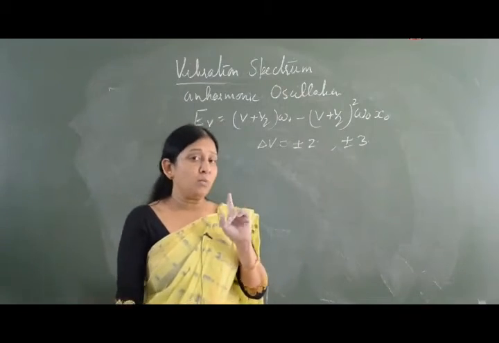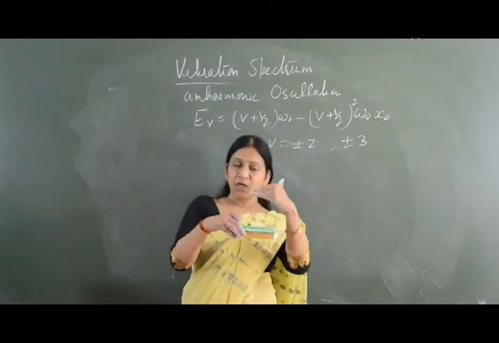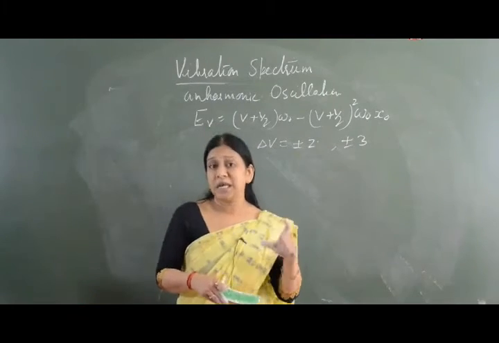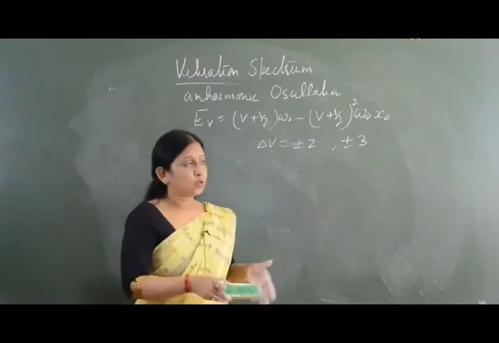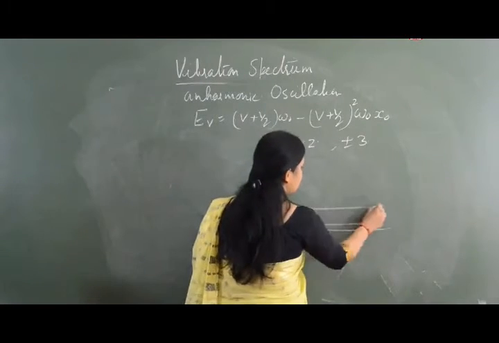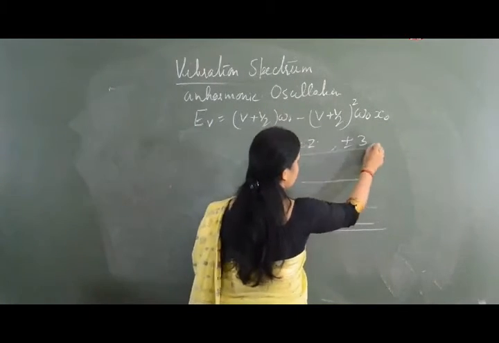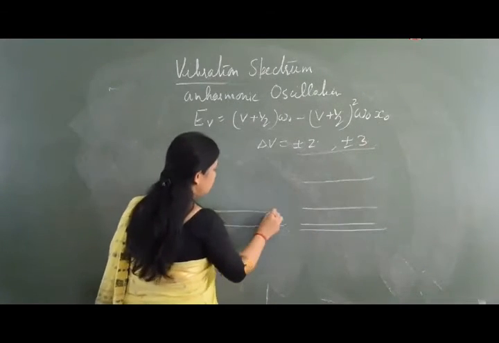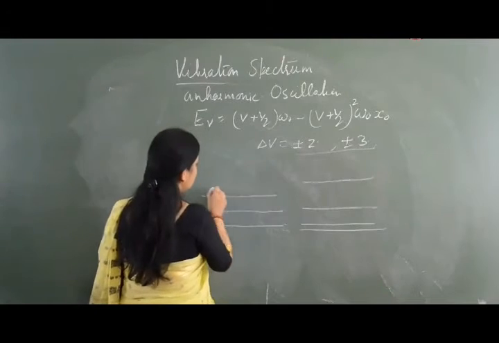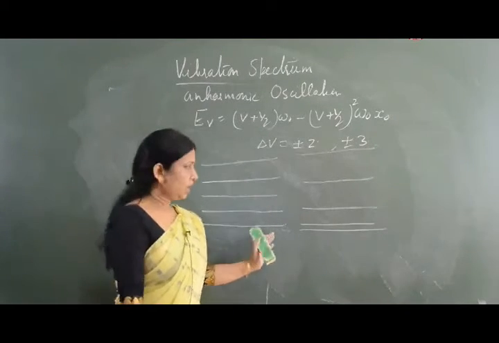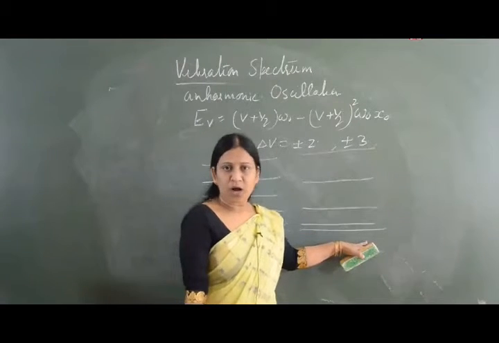In case of the harmonic oscillator, the difference between the two energy levels was the same, but here it is going to be different. It will go on increasing. This will be the condition when it is an unharmonic case, and when it was harmonic, the difference in the energy levels was the same.